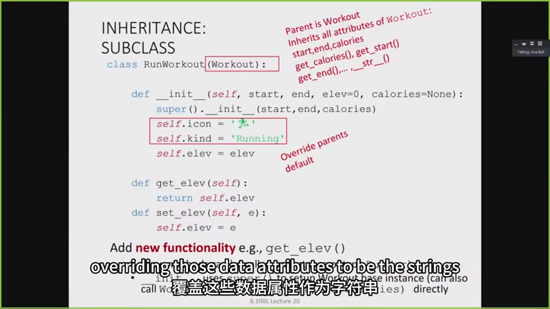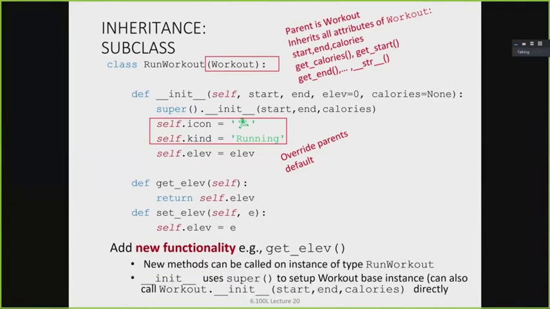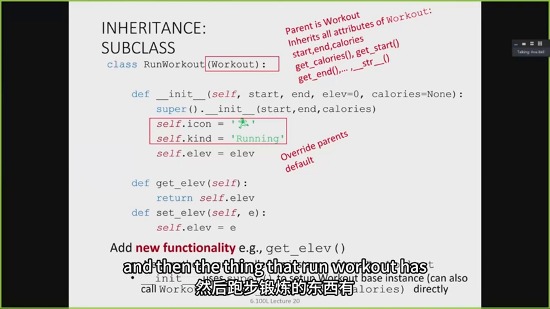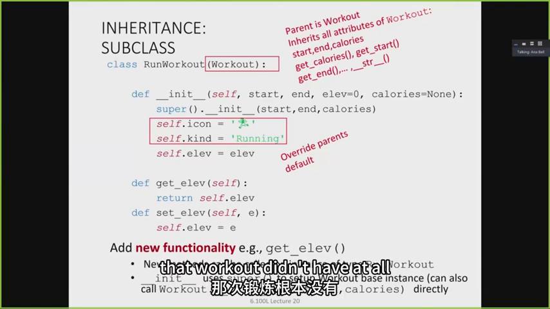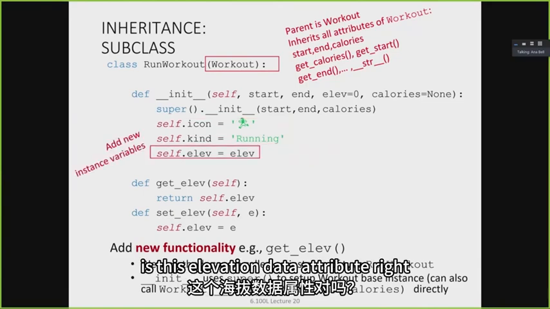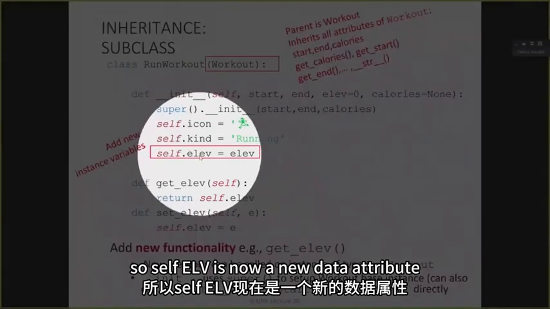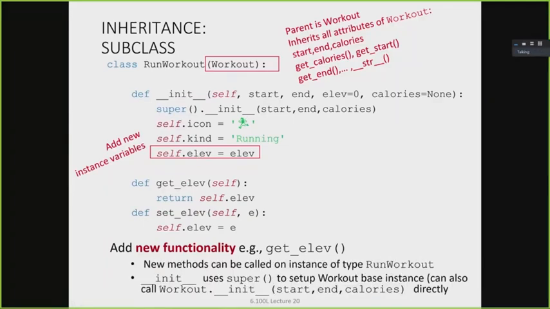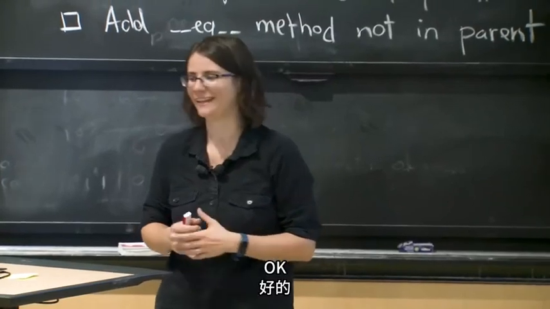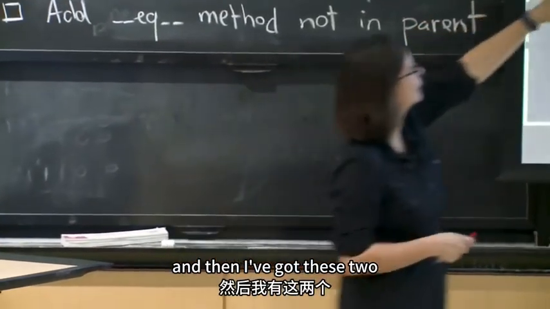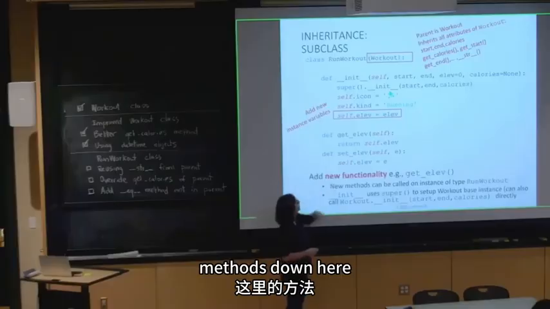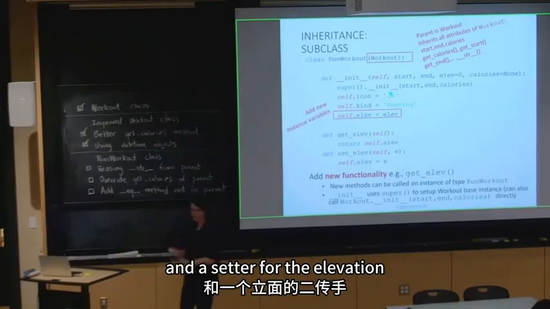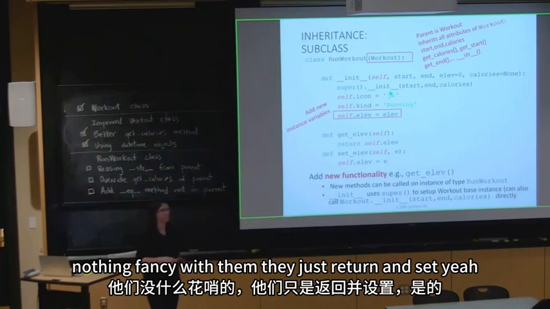So I'm overriding those data attributes to be the strings. And then the thing that run workout has that workout didn't have at all is this elevation data attribute, right? So self.elev is now a new data attribute that did not exist in the regular workout. Okay. And then I've got these two methods down here, a getter for the elevation and a setter for the elevation. Nothing fancy with them, they just return and set.